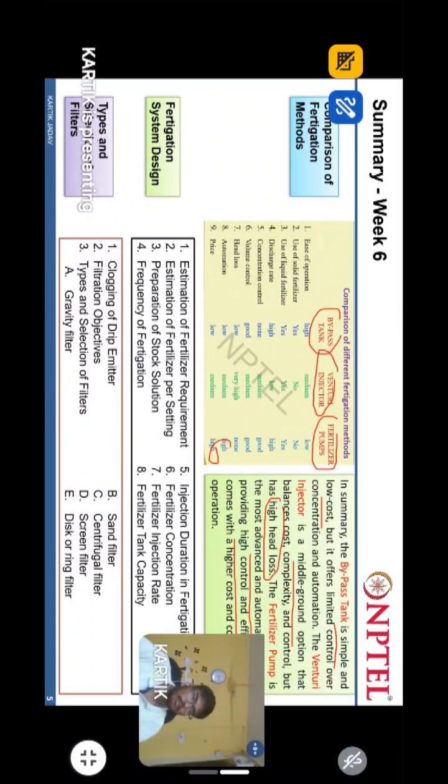In the final lecture of week 6, we discussed various types of filters and the problems that may generate issues like clogging in drip emitters, if we have not applied a proper filtration system.